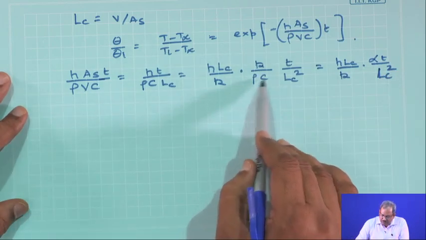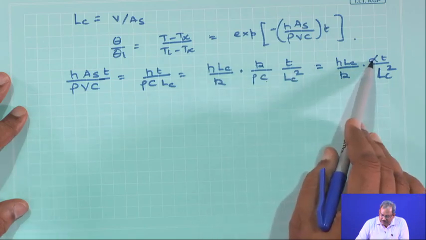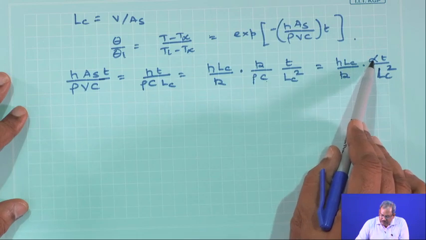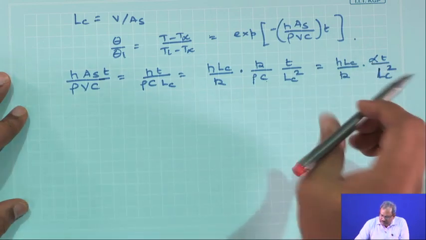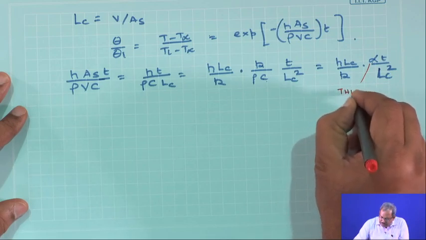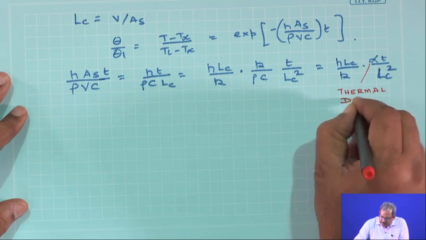K by rho C is nothing but the thermal diffusivity alpha, which, as I have told you before, is the thermal diffusivity.